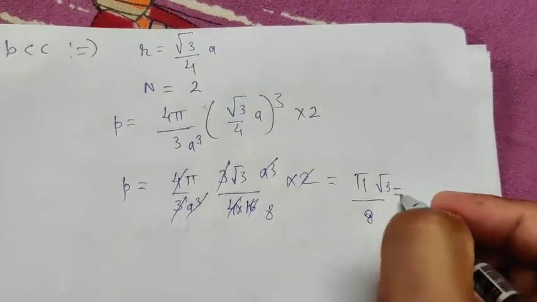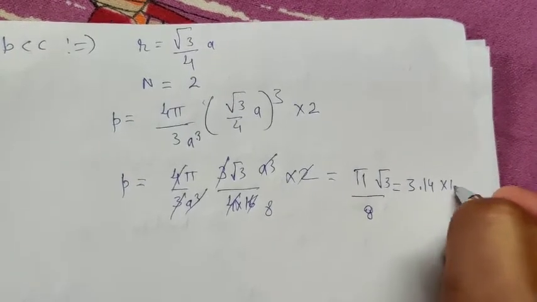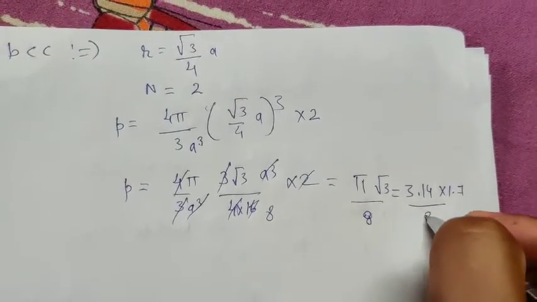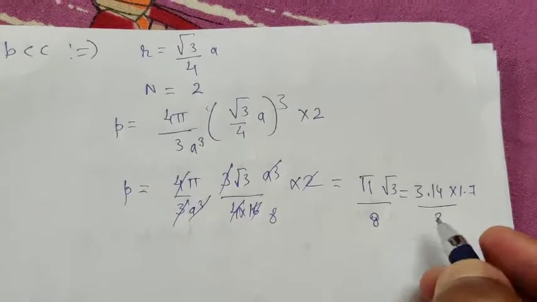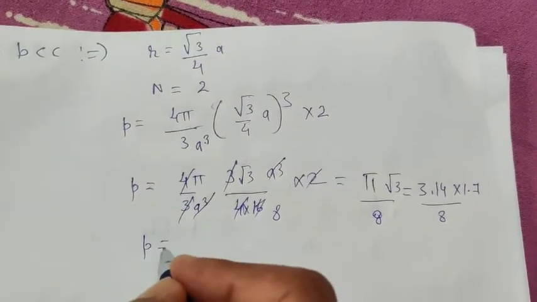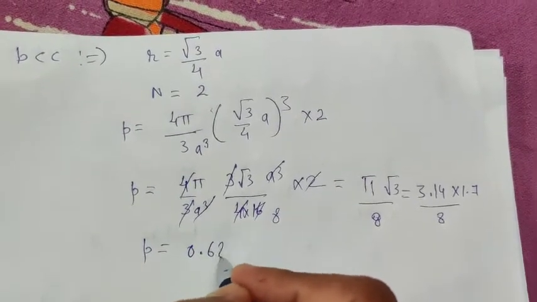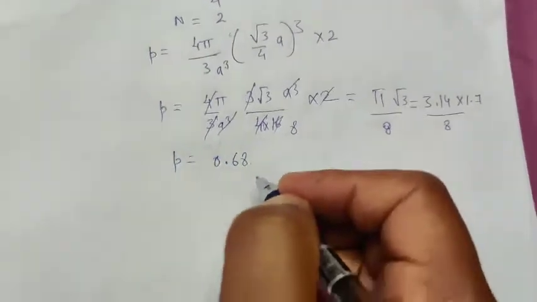So if you put these values, 3.14 into 1.7 upon 8, sorry, 8 is here, so 8. If you solve this, it will be 0.68. This will be the packing fraction.